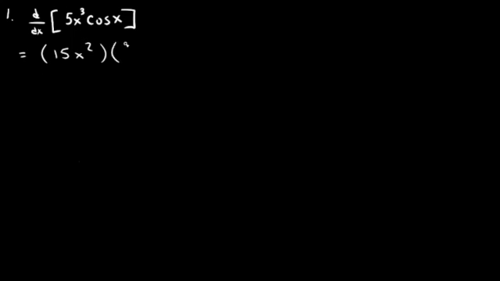and you multiply that with the normal cosine, so we get cosine x, and then we do plus the normal 5x cubed times the derivative of cosine, which is negative sine.